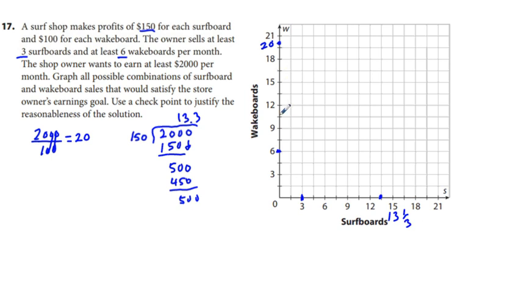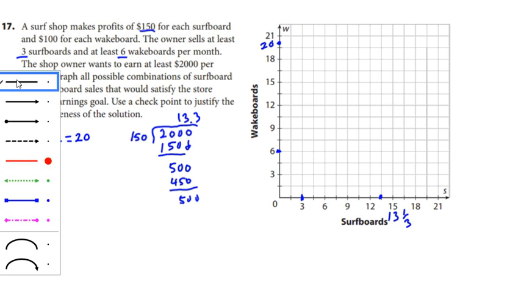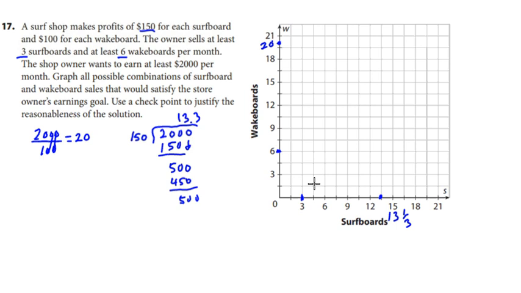So now we're going to draw the lines that define, and we say, what does it say? At least. So we can use solid lines. I'm going to go to my tools here and get the line. I'm going to get a solid black line. And we know we have to have at least 3 surfboards.